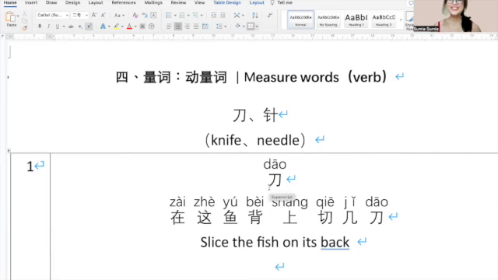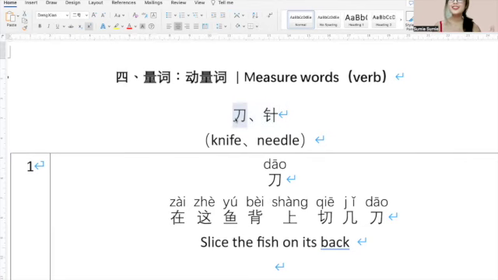Hi guys. Today we only learn 2 words or characters from new HSK Band 4 grammar. Today we're going to learn some measure words to describe an action or some verb, okay? So these are the characters we're going to learn today.